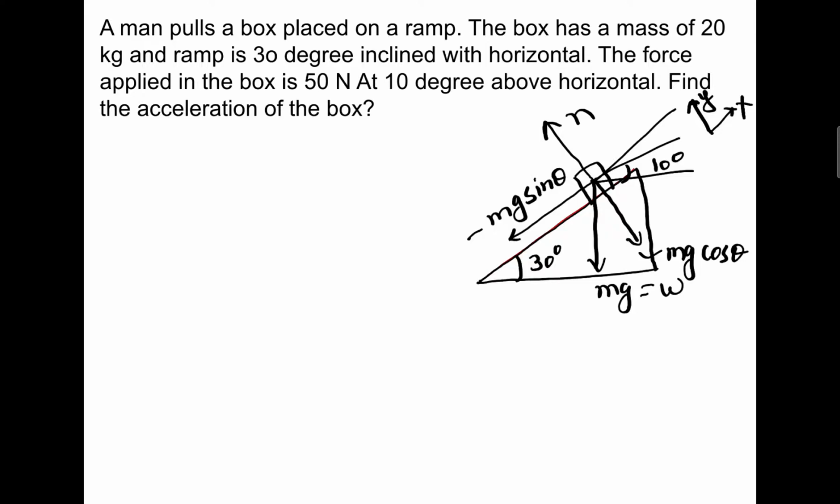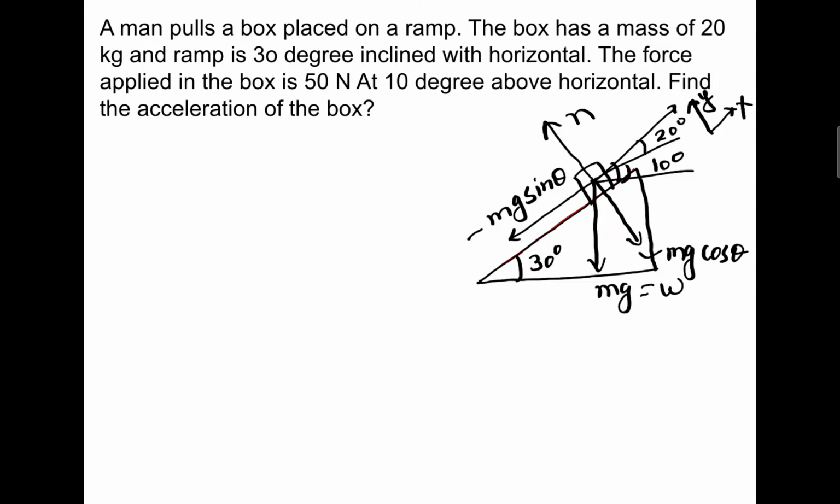So what is this angle right here? This is 20 degree, because this whole will be 30 degree, and this angle will be 20 degree. Okay, so this is the free body diagram for the situation given here.